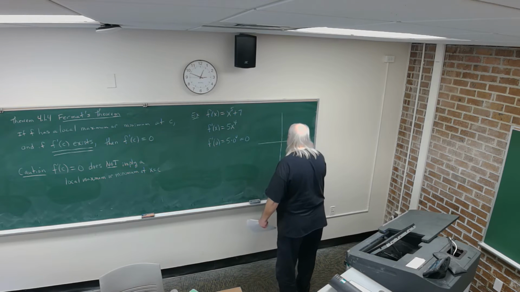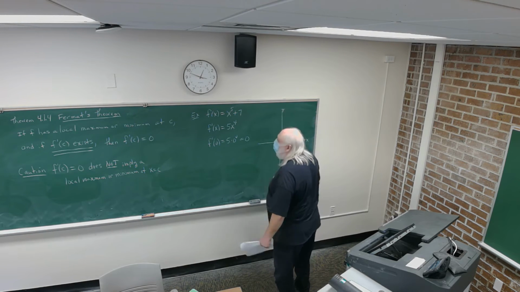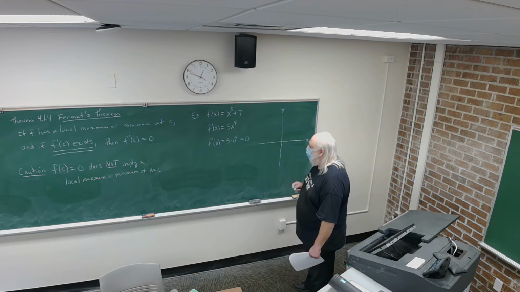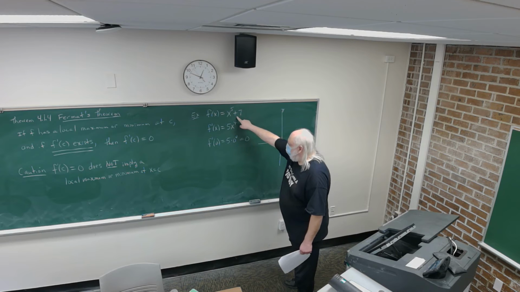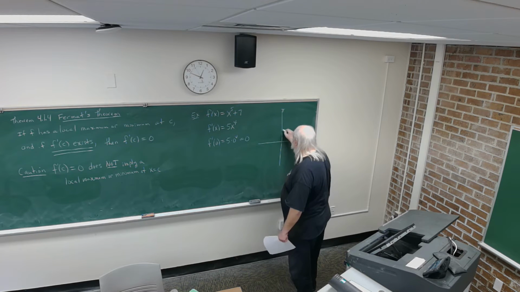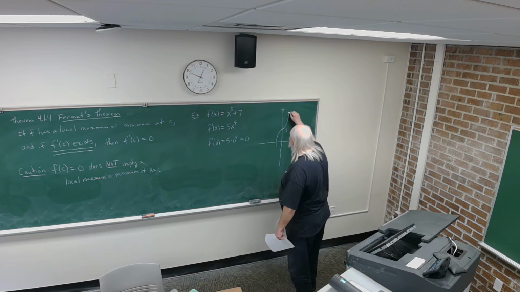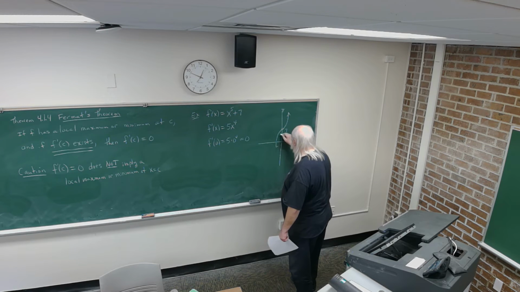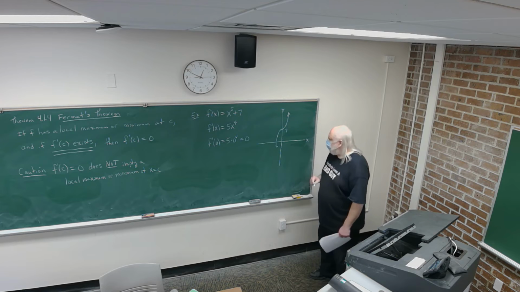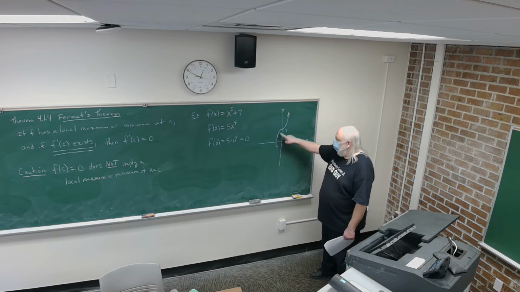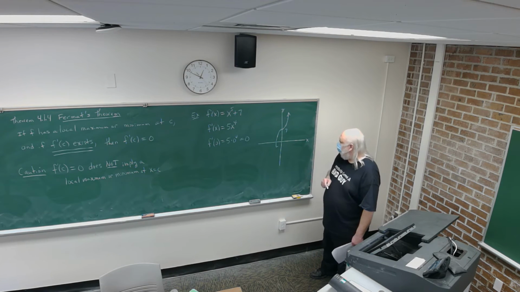But the function f of x has no local maximum or minimum at x equals 0, because the graph of this function, x to the 5th plus 7, is similar to the cubing function. It snakes across the y-axis at y equals 7.